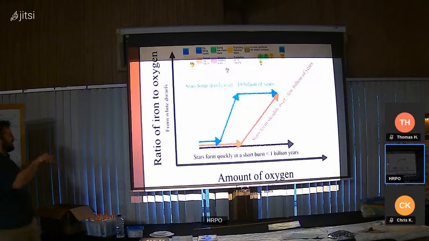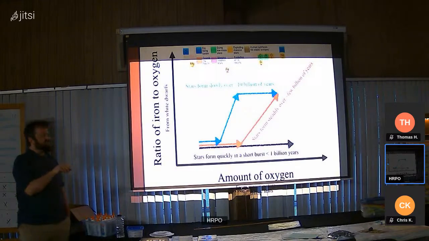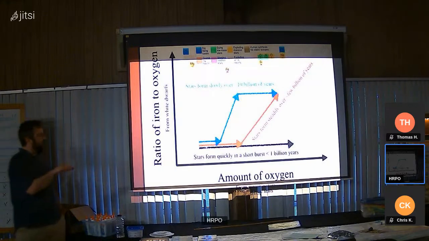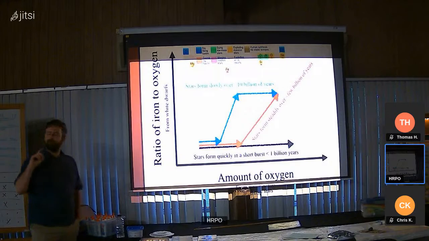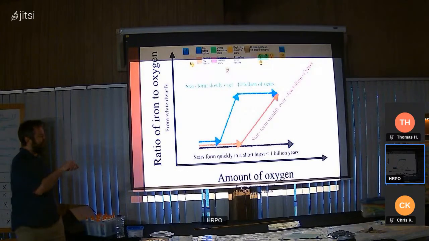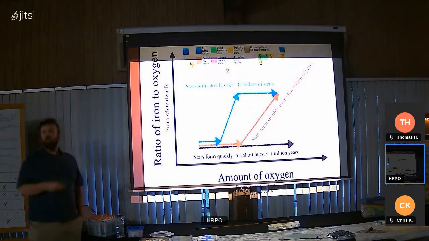So what I'm showing here is a graph of, on the x-axis, the amount of oxygen in a star or in stars, and on the y-axis the ratio of iron to oxygen. So if you form your stars very quickly, you do so mostly with just oxygen.